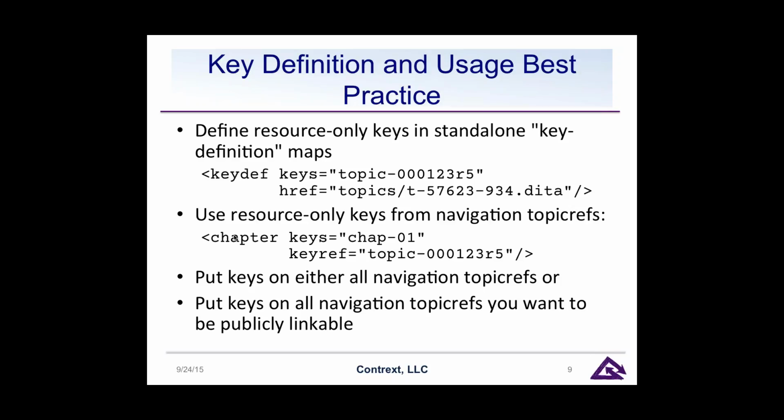I want to put keys on either all navigation topic refs or on those navigation topic refs that I want to be publicly linkable. The easy thing to do is just put a key on every navigation topic ref and don't have to think about it and you're done.